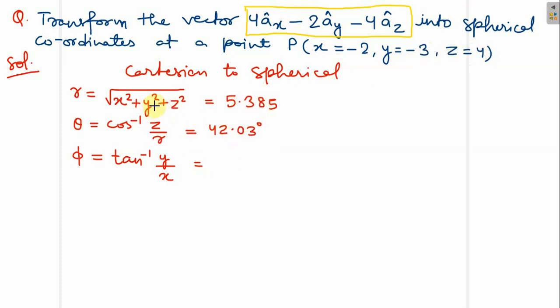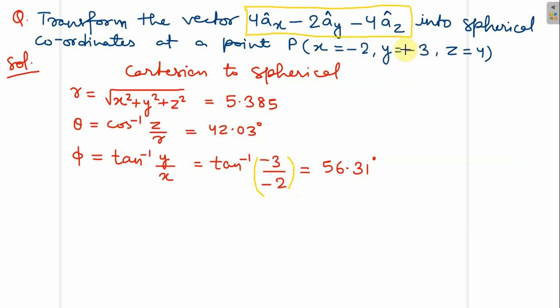Fine. So with this x, y and z we can calculate all this. So this will be tan inverse, and y is minus 3, so minus 3 upon minus 2. So it will be around 56.31 degree.